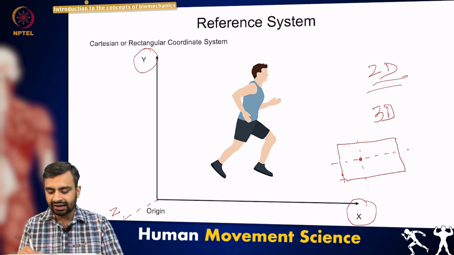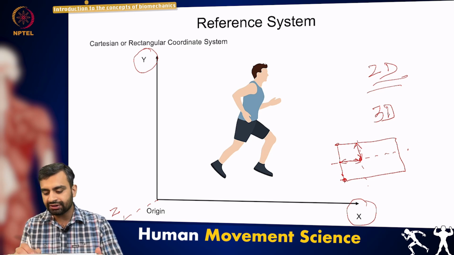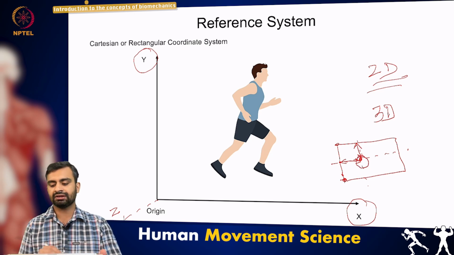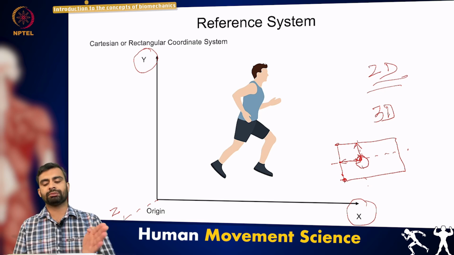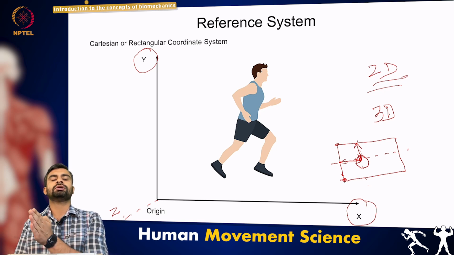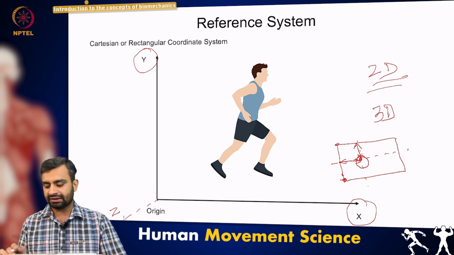We can choose either of the edges and then define its location from that edge in the horizontal plane and in the vertical plane. In that sense, we can define the unique location of that particular point. And it is helpful to remember the positions and to identify the strategies to get the maximum output.